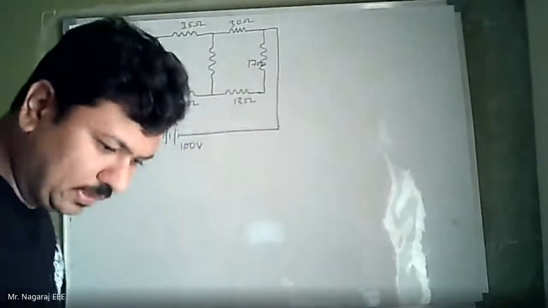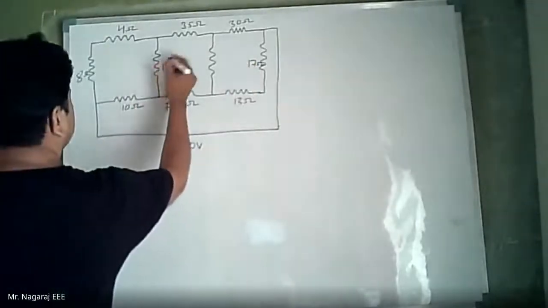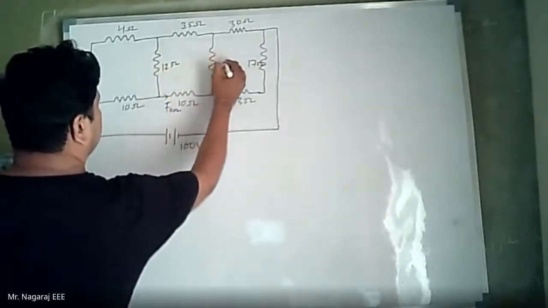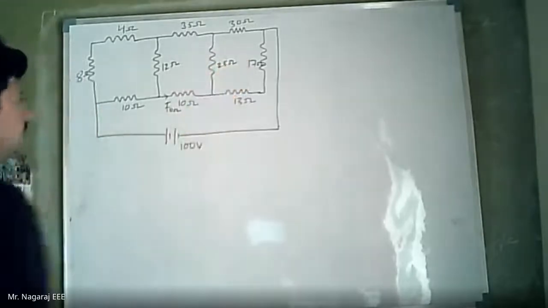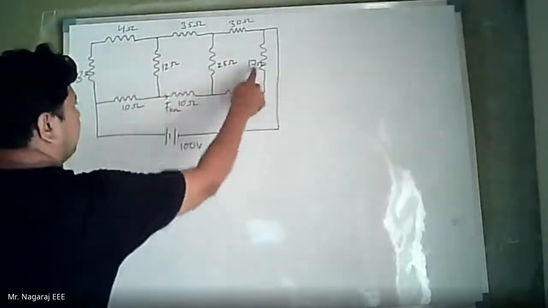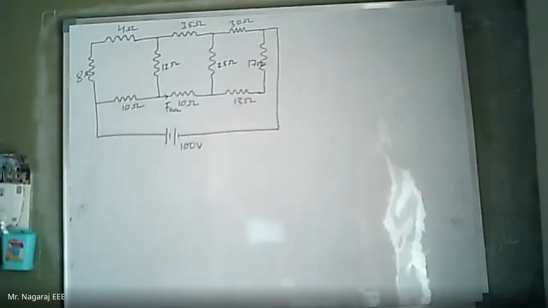Sorry, these two values I have not given. This is 12 ohm and 25 ohm. So 8 ohm and 4 ohm are in series, 17 ohm and 13 ohm are in series.